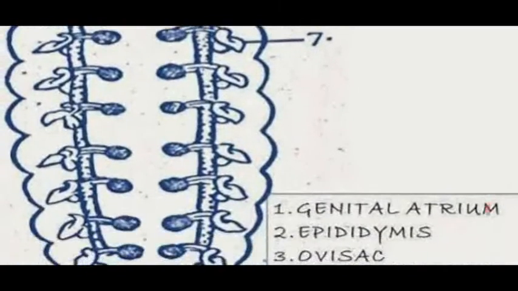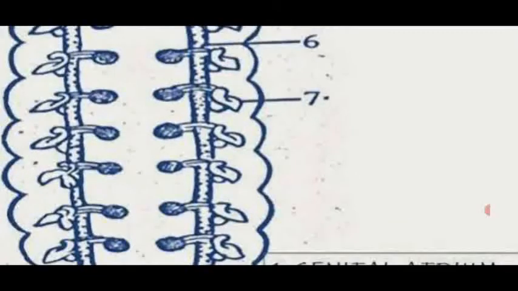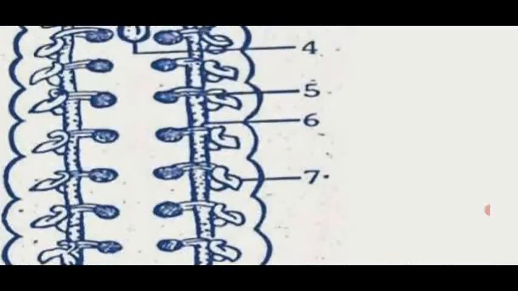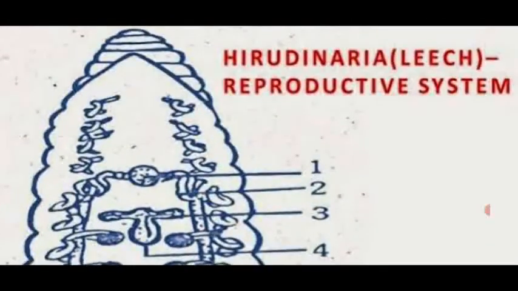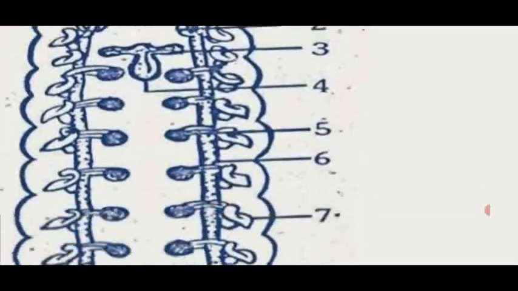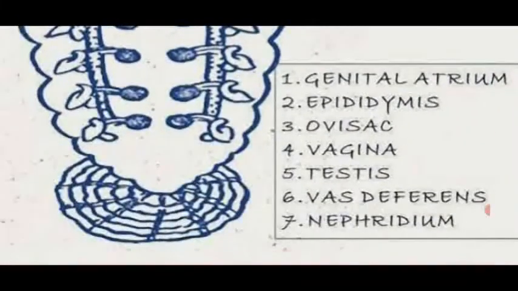The nephridium is the excretory organ, which is present from the 6th segment to the 22nd segment. How many pairs of nephridia are present in the leech? 17 pairs of nephridia are present in the leech. So this is the reproductive system of leech.